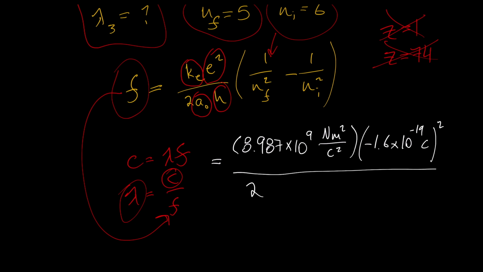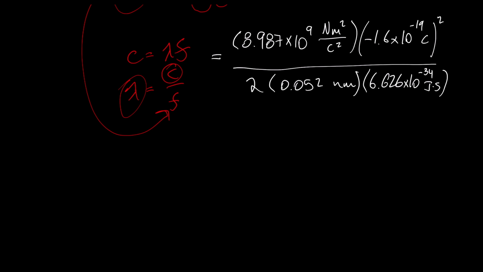On the bottom, we have 2. This a subscript 0 is 0.052 nanometers. And then here we have h, which is also given to me. It is 6.626 times 10 to the negative 34, and this is joules times seconds.